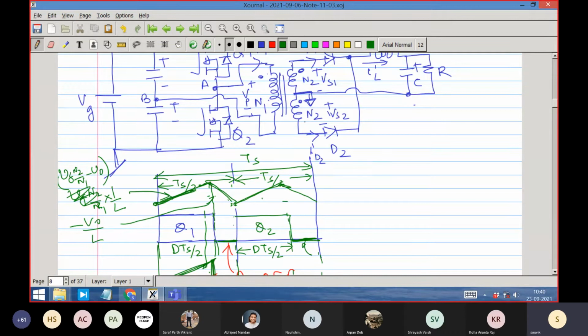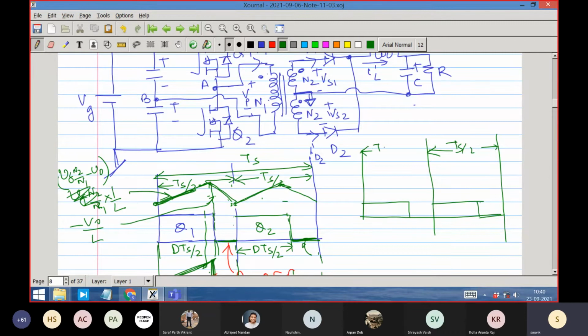Let me do it one more time. Transformer current. This is half. This is D, and this is another portion. This is Ts by 2, right? So how is the transformer current?